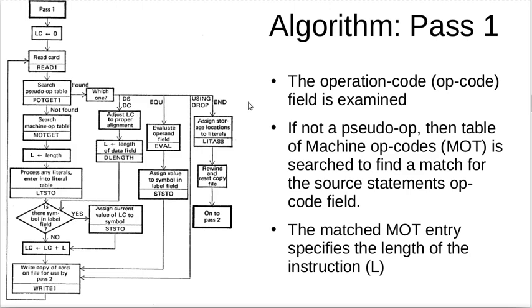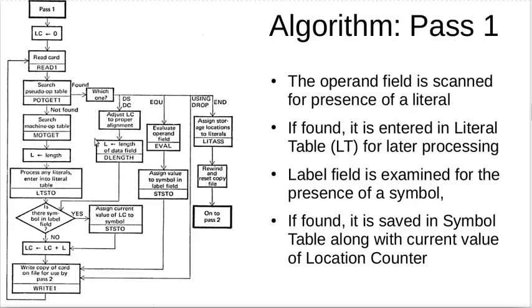So let's assume now that we have not found a match in the POT table, and we have found a match in the MOT table. The operand field is scanned for the presence of a literal. If found, the literal is entered in the literal table for later processing.